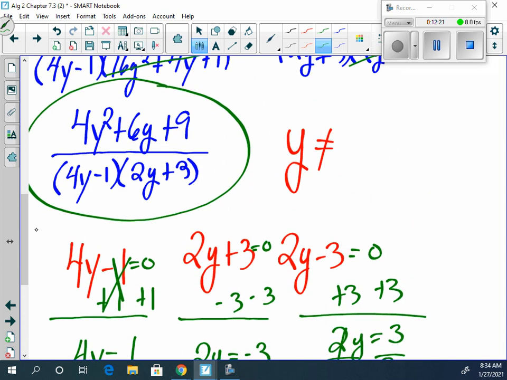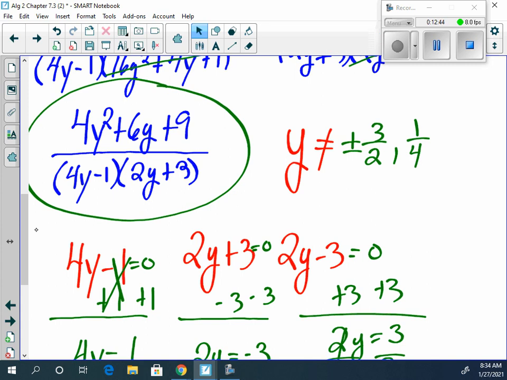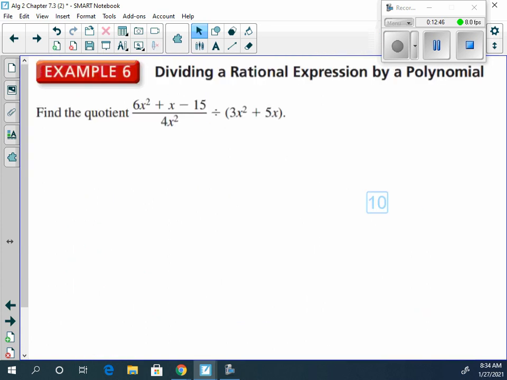So y cannot equal plus or minus 3/2 and 1/4. Questions on this here? Questions on any of this here so far? You ready for the next one? All right.